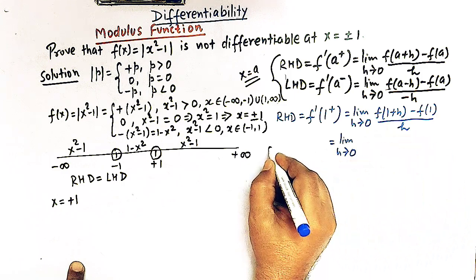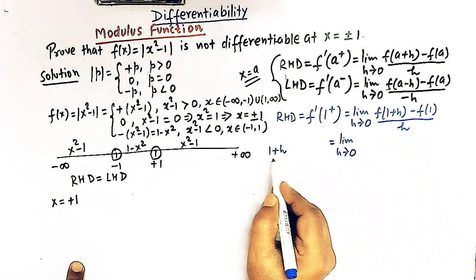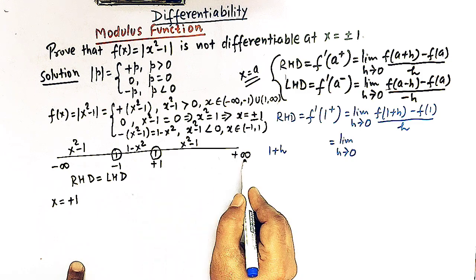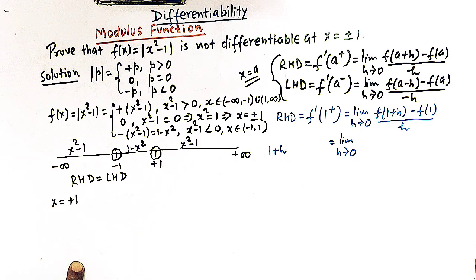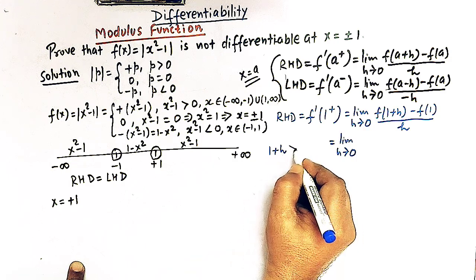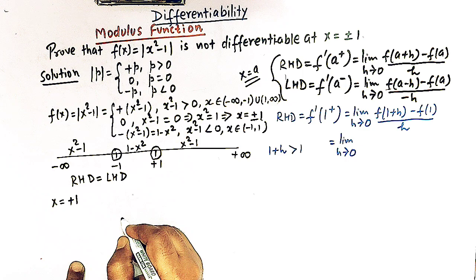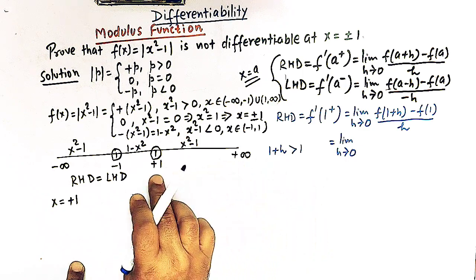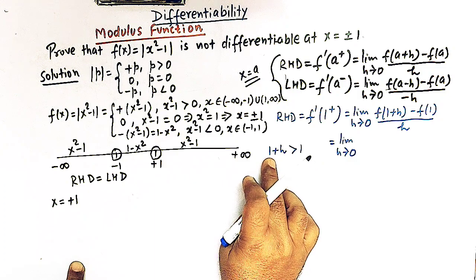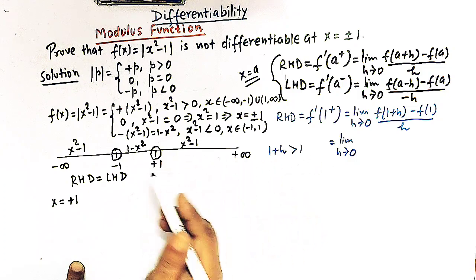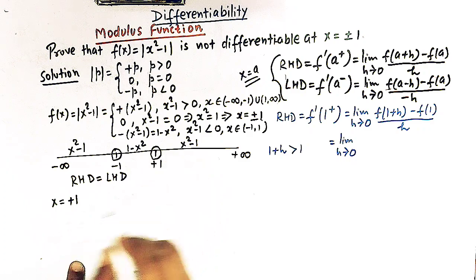So 1 plus h belongs to this interval, that is 1 to infinity, because h is infinitesimally very small, but it is a positive quantity. So 1 plus h is always going to be greater than 1, right? So 1 plus h lies somewhere between 1 and infinity, right?